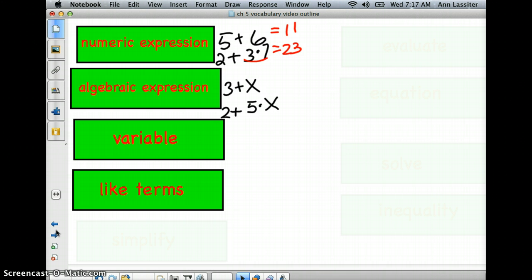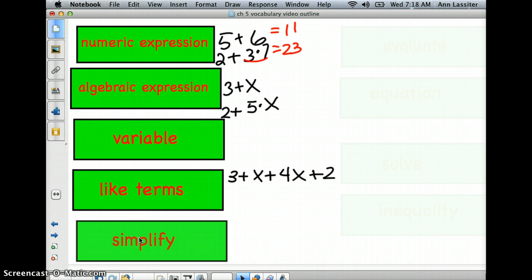I will give you an example of an algebraic expression with more than 2 terms. If I had 3 plus x plus 4x plus 2, I could then say this one has 4 terms, 2 that have x in them, and 2 that are just numbers.